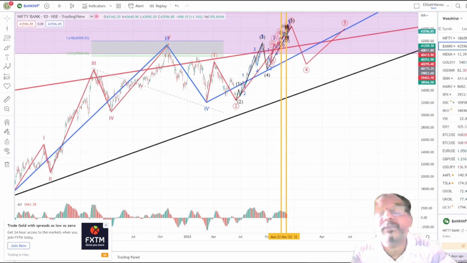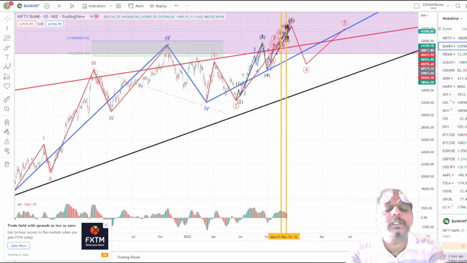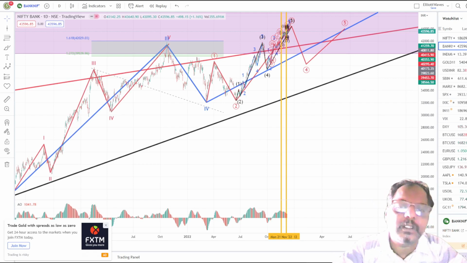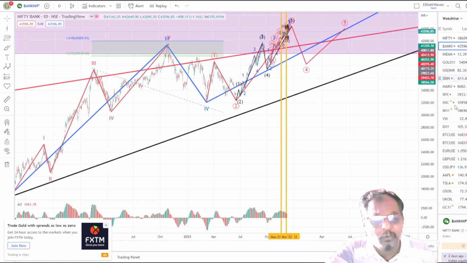While Nifty also may have a correction, let's say, 3,000, 4,000 points from 18,000 levels. We are talking about 20%, 30% correction, and we mentioned that we should start keeping our money ready for a massive wave.